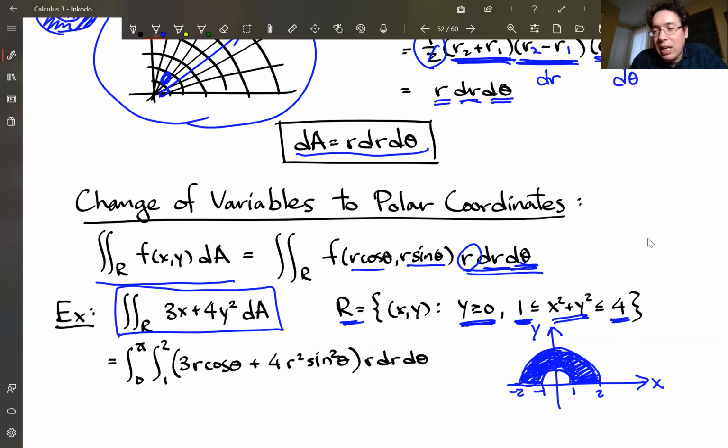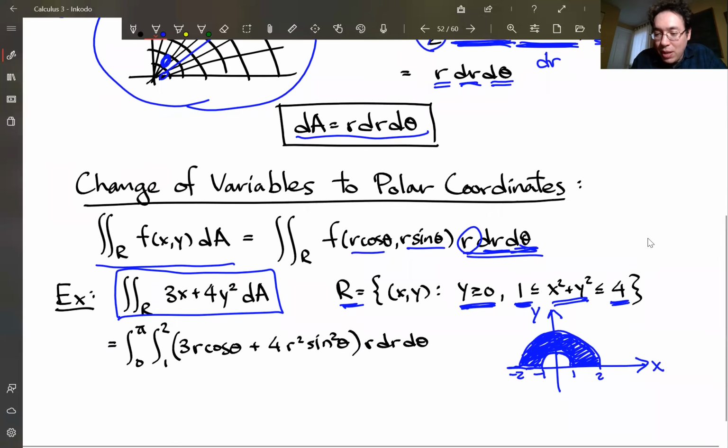And you can see that this is a really awkward region to integrate using x and y variables. But if you're describing this region in terms of r and theta, it's actually pretty straightforward. The angle is between 0 and pi, and the radius is between 1 and 2.